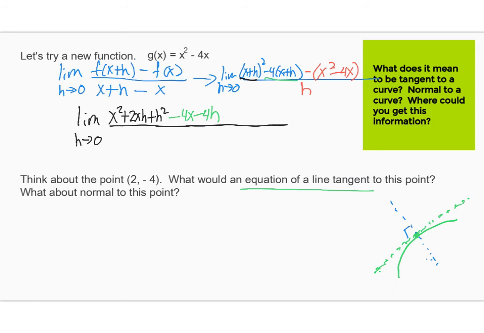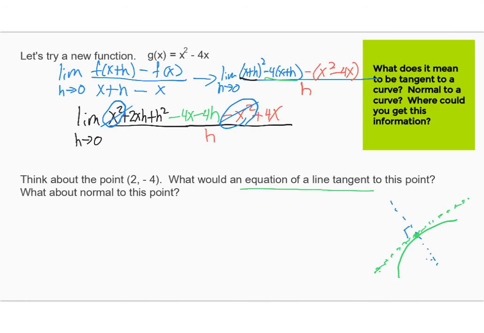Let me extend my vinculum, or fraction bar. Then we get minus x squared, and then minus negative 4x, so plus 4x. And here's where the magic kind of happens. This is a really cool thing because you can check to see if you've done the math correctly, because we should be seeing things cancel out. The x squareds are canceling out.